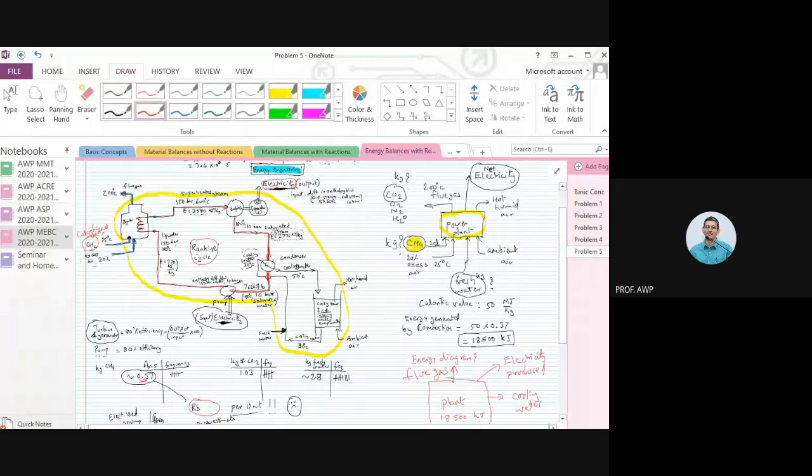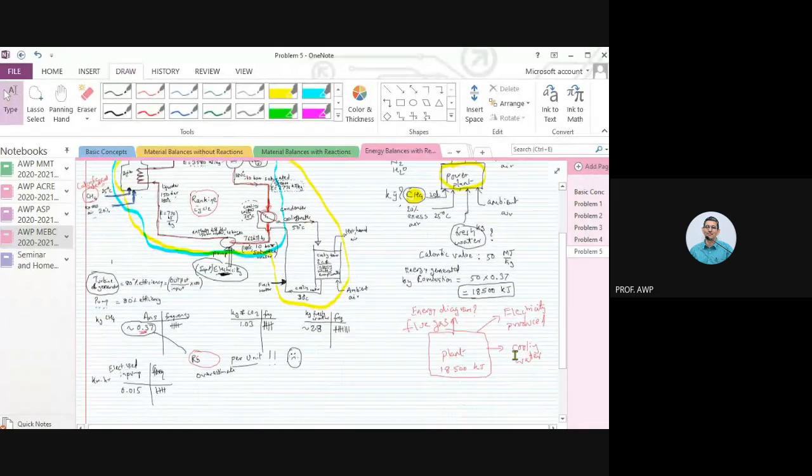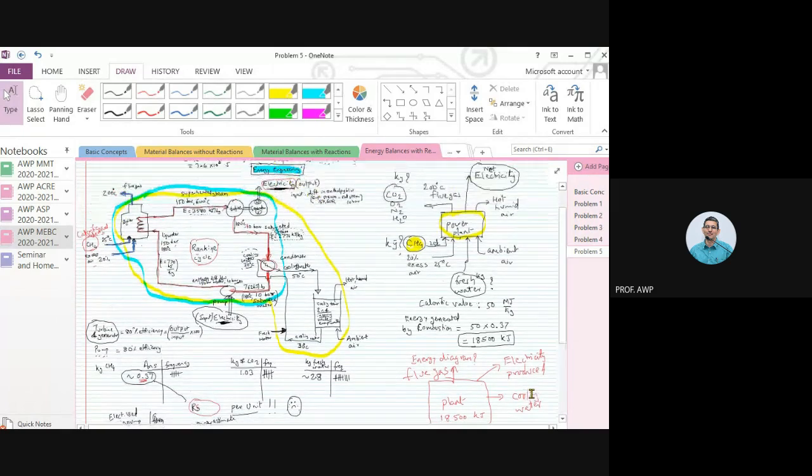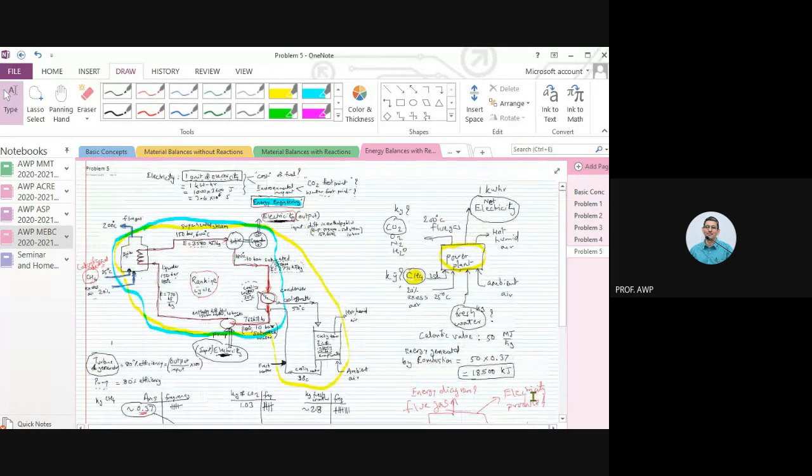If you think about this blue control volume, this is where the energy is going out in terms of flue gas, in terms of electricity produced, and in terms of cooling water. Out of this 18,500 kilojoules, how much electricity have we produced?